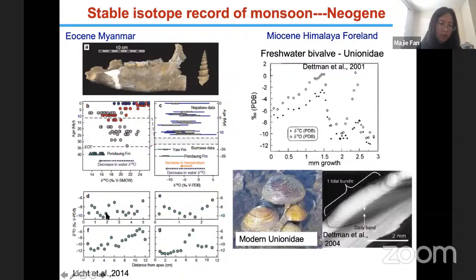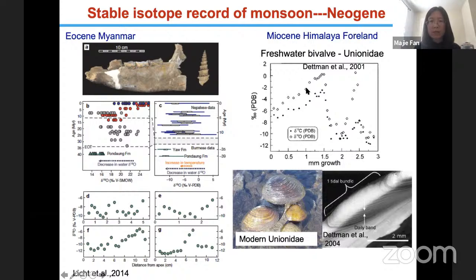Within each gastropod, we see that the delta O18 value has these cycles with a magnitude of 3 to 4 per mil of variation. One of these cycles, from the peak down to the valley, then up to the peak, should be a record of 1 year. So it clearly shows that there's seasonal change of the isotope in precipitation that is very similar to modern precipitation isotope values.